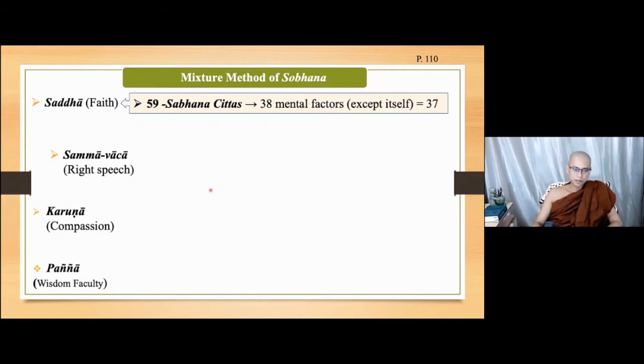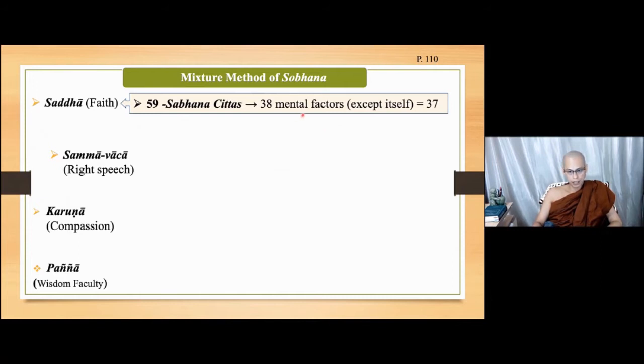And Saddha, for the beautiful mental factors, Saddha associates with the 59 Sobhana Chitta, beautiful consciousness. They associate with the 38 mental factors, because all beautiful mental factors do not associate with the unwholesome group.